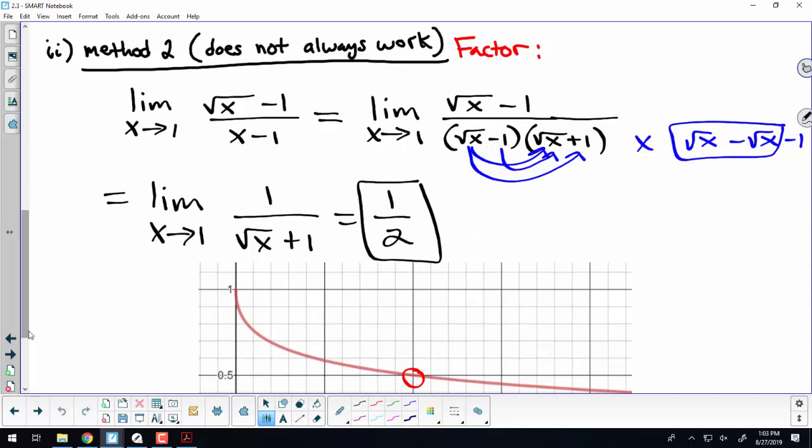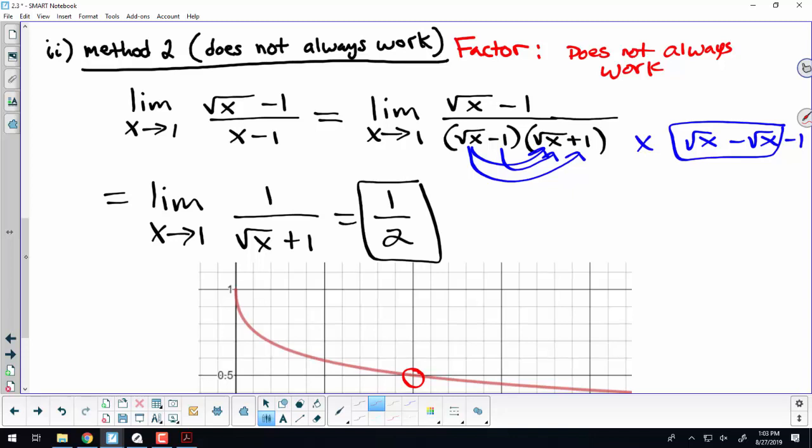It really just depends on the expression. So let's note here that this does not always work. And we'll see an example after this in a moment where we can't factor. We have to use a different method to simplify.